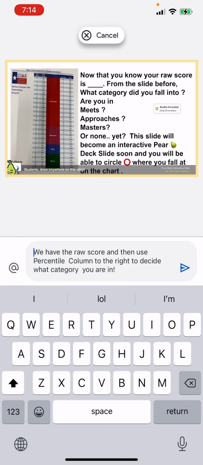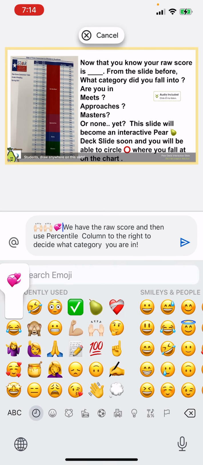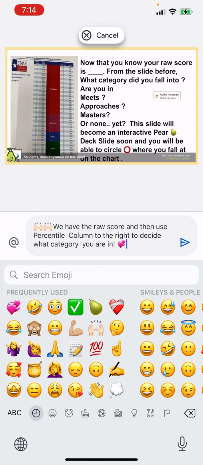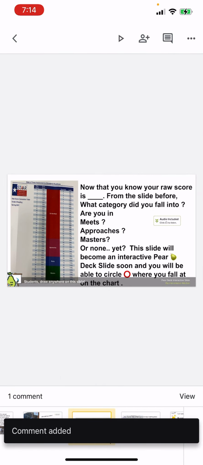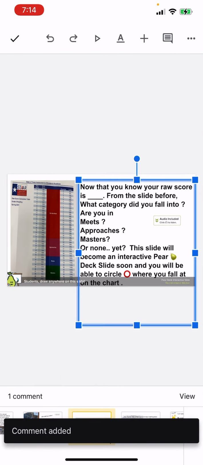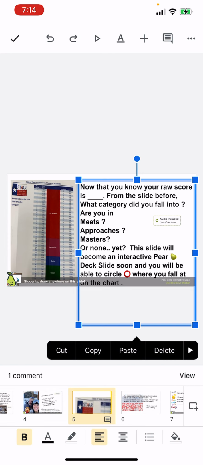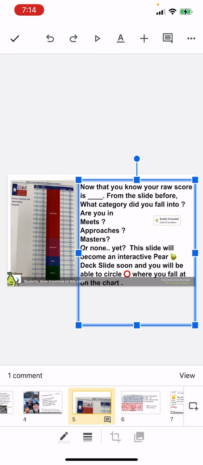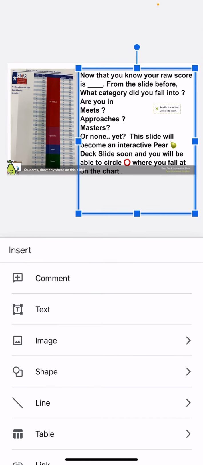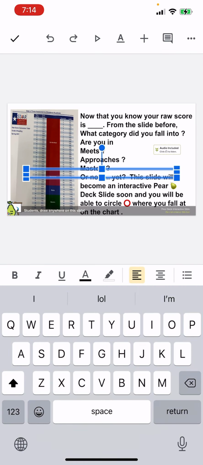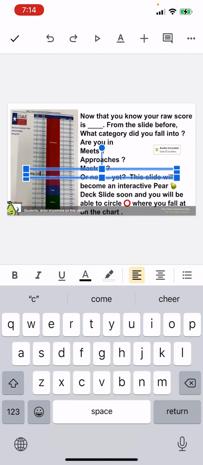There we go. Note. All right, so there's our note. Probably should add a little text and say, see comments for edited instructions.